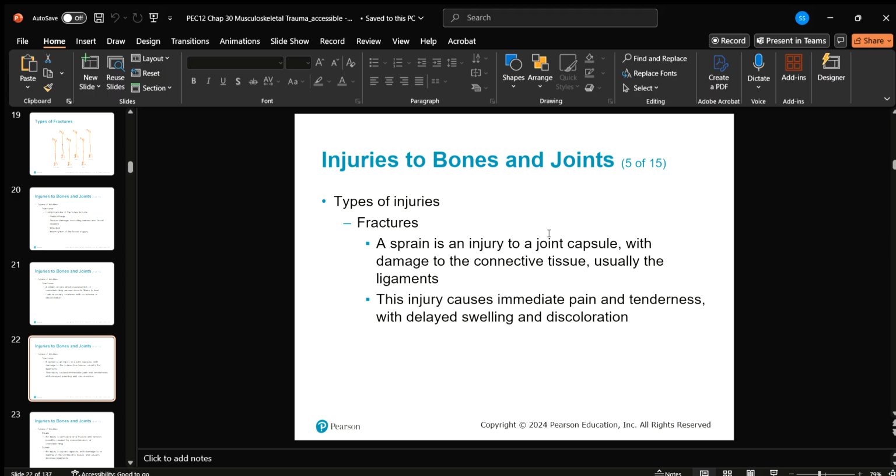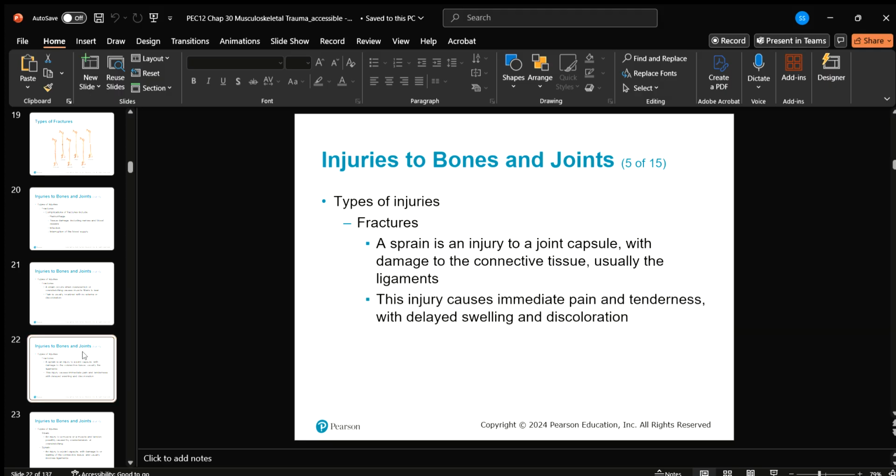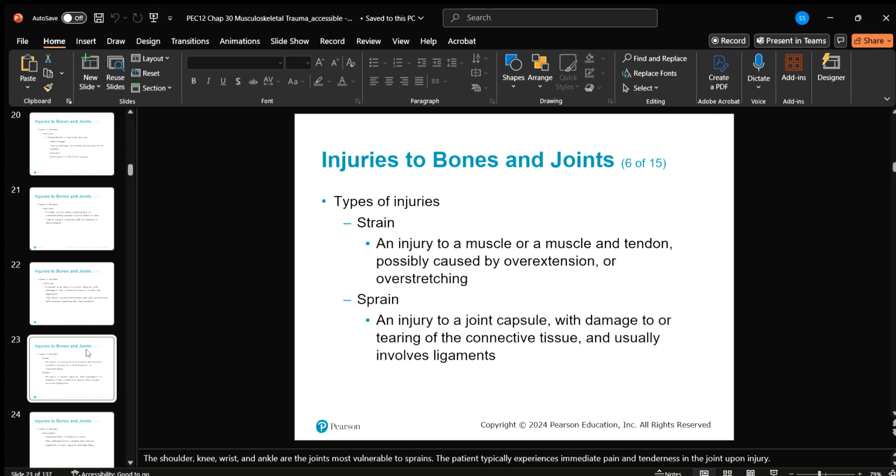With a sprain, you typically see a lot of swelling. With strains, there is no such swelling or discoloration. It says usually localized with no edema, i.e. swelling, or discoloration. So we shouldn't see any bruises or anything like that. But with sprains, we typically see a lot of swelling and discoloration going on. So here's just a breakdown of it.